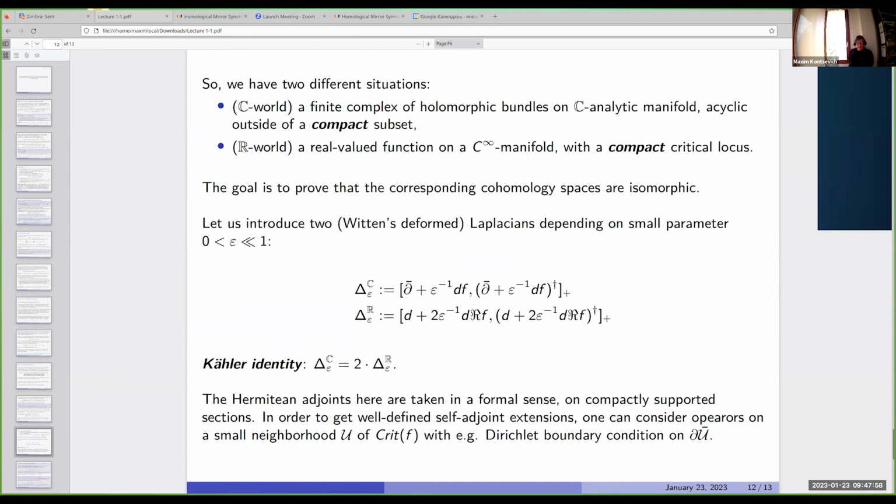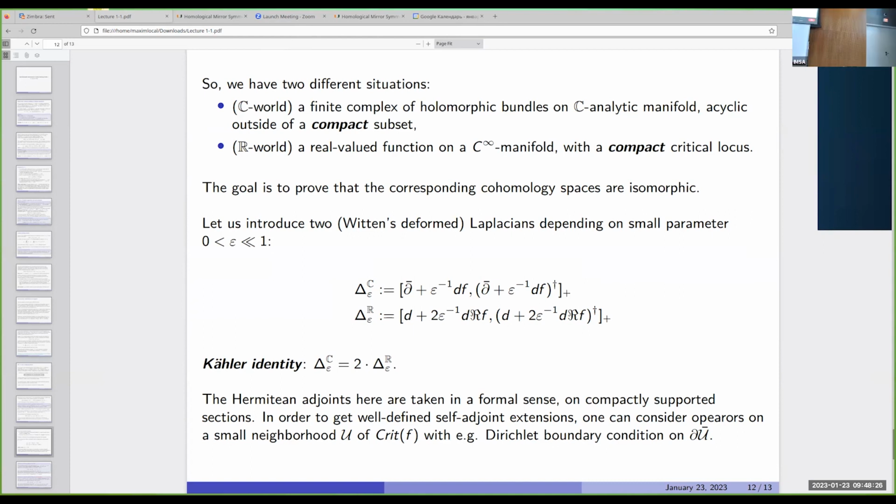What do I mean by Hermitian conjugate operator? My manifold is not compact, but I introduced some Kahler metric, norms and so on. There are formally adjoint operators if you apply them to compactly supported sections, but there's really no global Hilbert space yet. You get these two Laplacians.